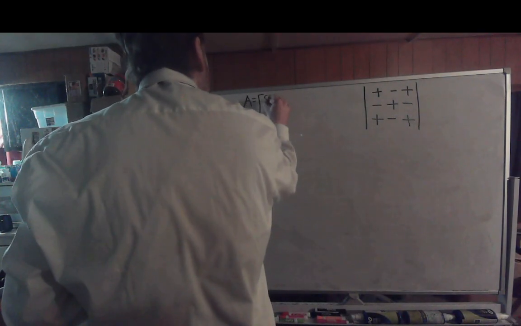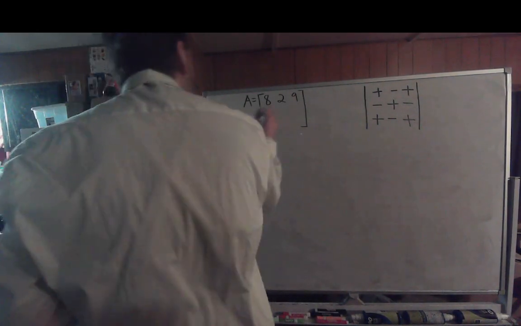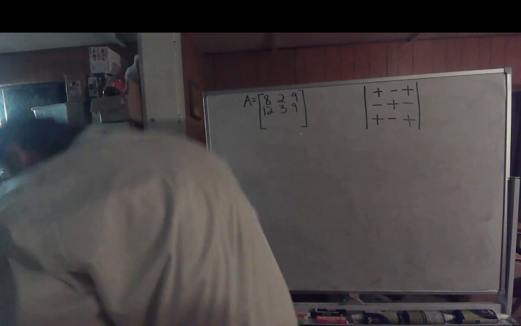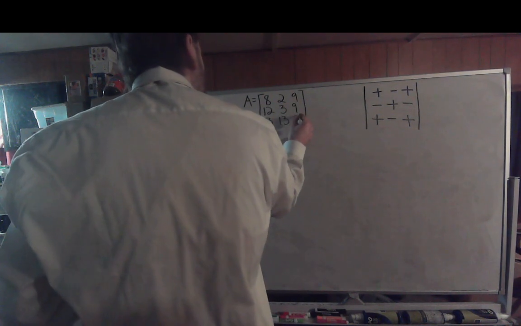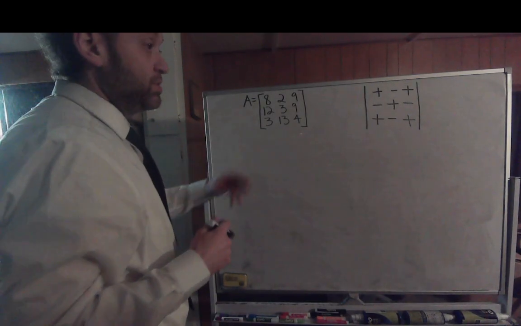Now this next one, they're not as nice. We have no 0 entries in this one, so we're going to have 3 2x2 determinants to do.